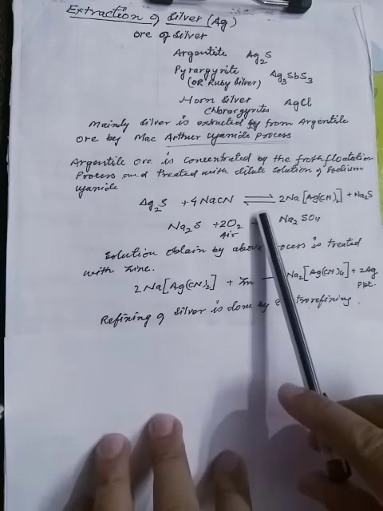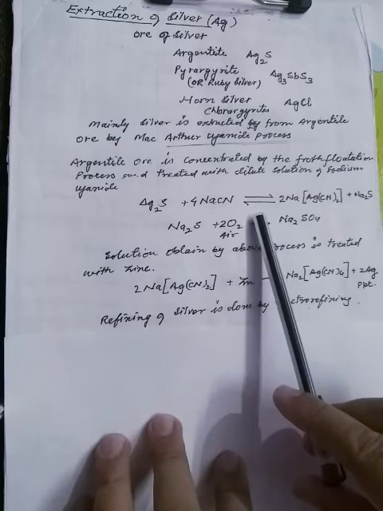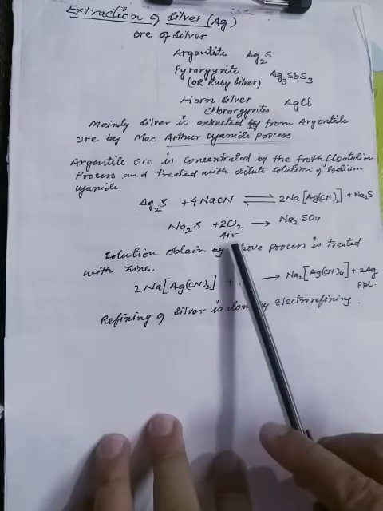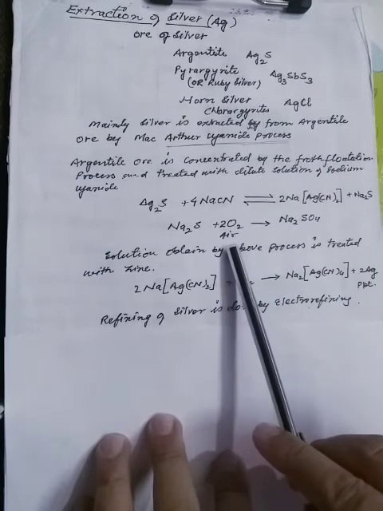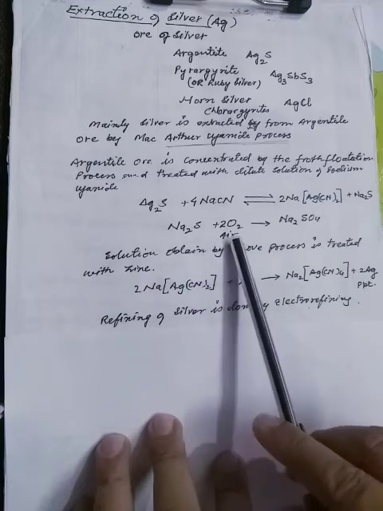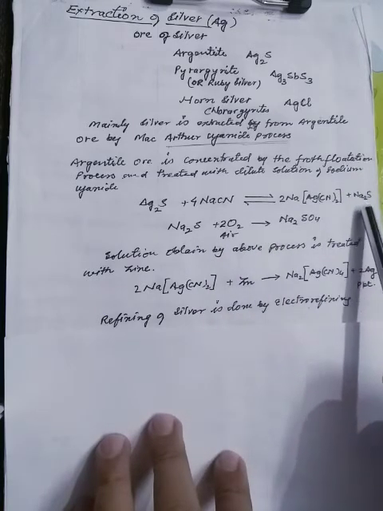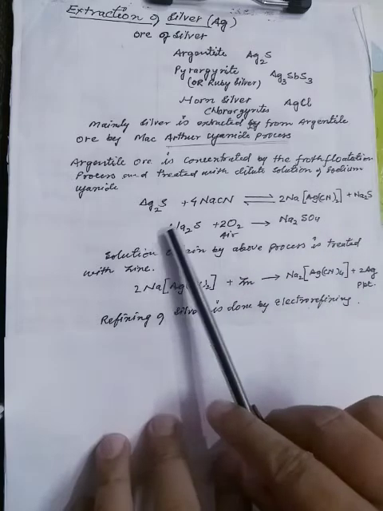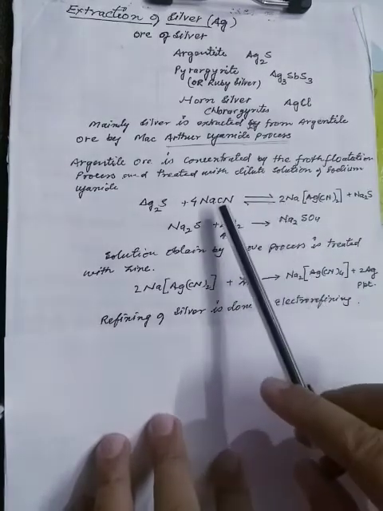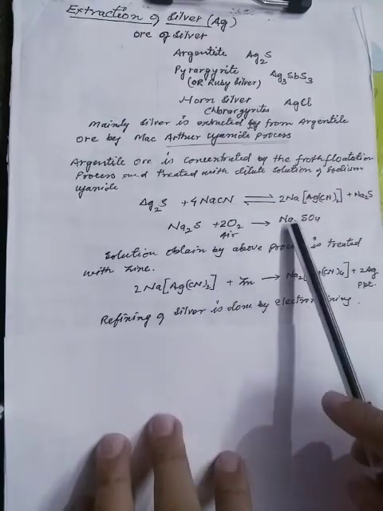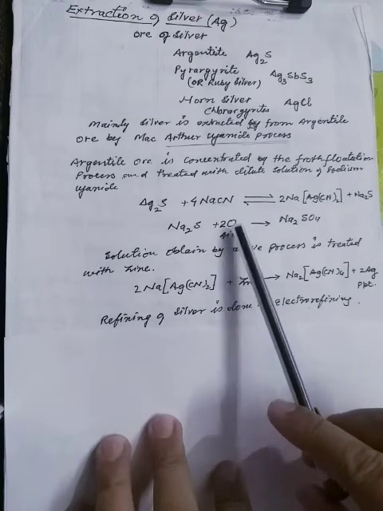Now, this is a reversible reaction. To make it irreversible, we will react it with oxygen. When Na2S reacts with oxygen, it forms Na2SO4, so the reaction will not go back, it will not be reversible. So these two reactions are not optional, they must be written.